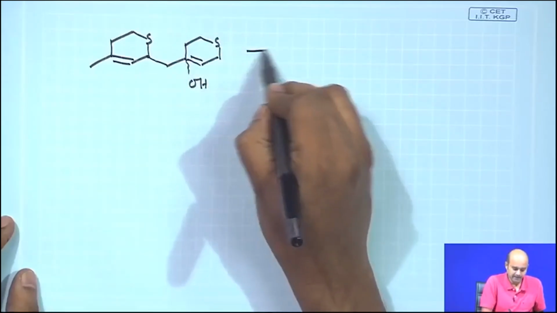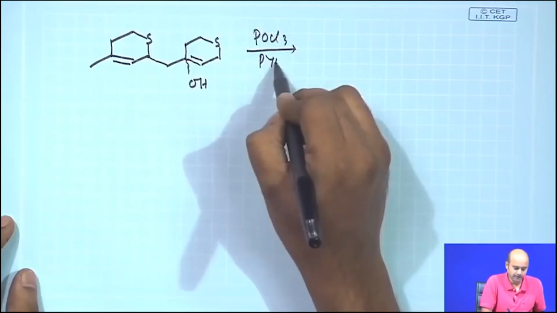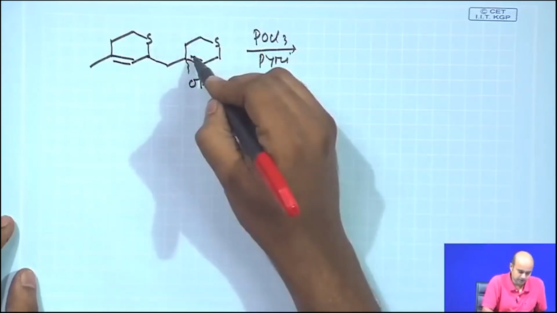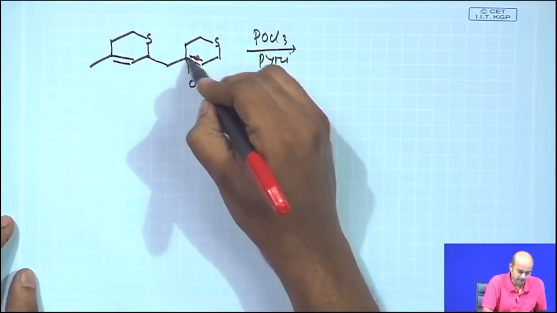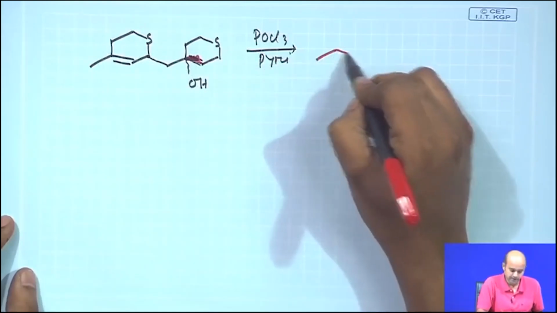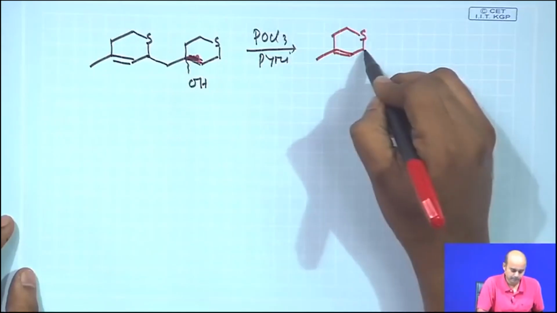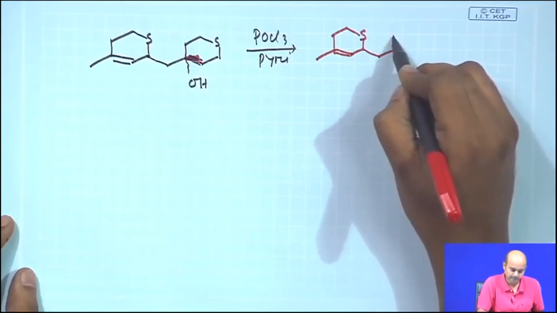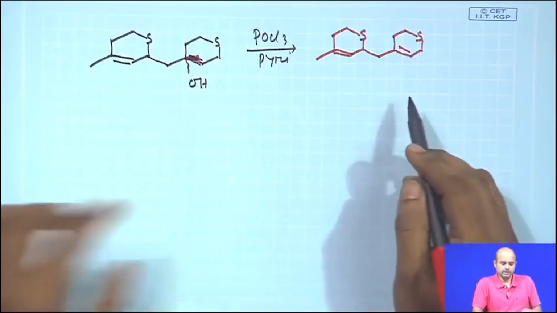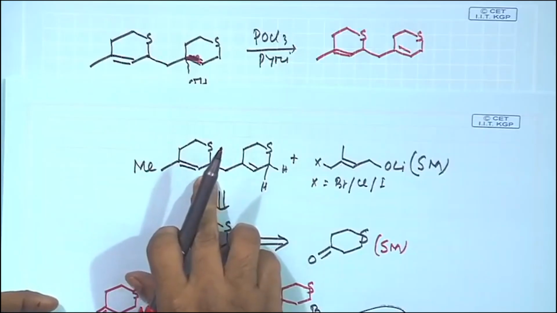This, and then you do the same thing, you treat with POCl3 and pyridine. Sorry, this does not have the double bond, this is basically the single bond. This double bond will be now generated. Yes, so this is the compound which was shown as one of the intermediates here, the same compound.